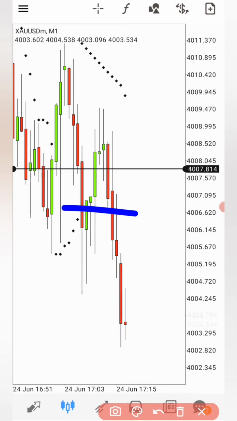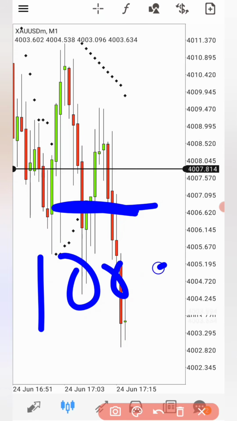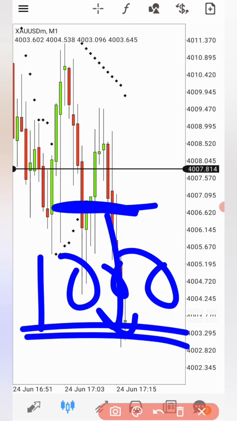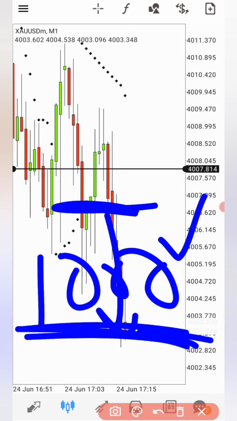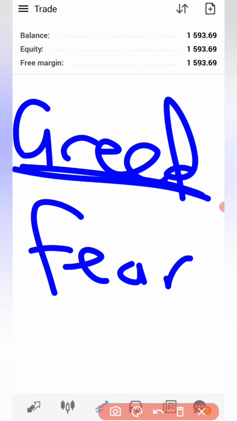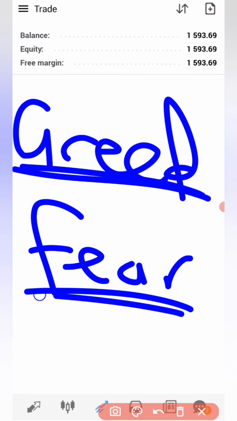Just like what I did on this trade right here, where I entered exactly right here and the target was to make $1,000 on this trade. And once we hit this $1,000 target as profit, I closed all the trades, because you don't want to let greed control you or fear stop you from entering trades.